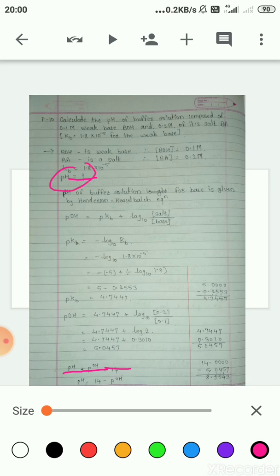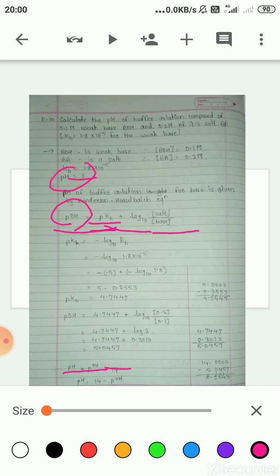So first write down the Henderson-Hasselbalch equation, which is pOH. Now we are going to use it for the basic buffer solution. Therefore pOH is equal to pKb plus log to the base 10 concentration of salt divided by concentration of base.